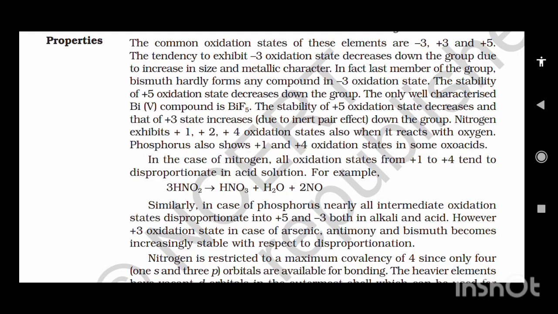Nitrogen exhibits +1, +2, and +4 oxidation states also when it reacts with oxygen. Phosphorus also shows +1 and +4 oxidation states in some oxo acids. In the case of nitrogen, all oxidation states from +1 to +4 tend to disproportionate in acid solutions.